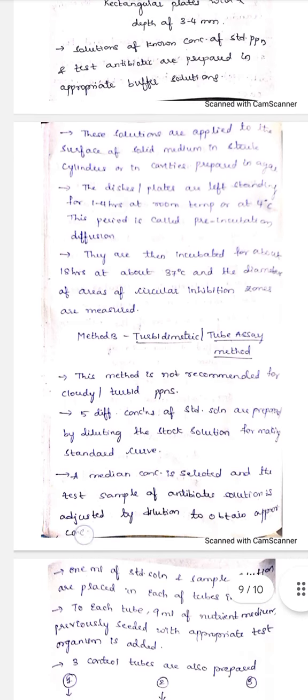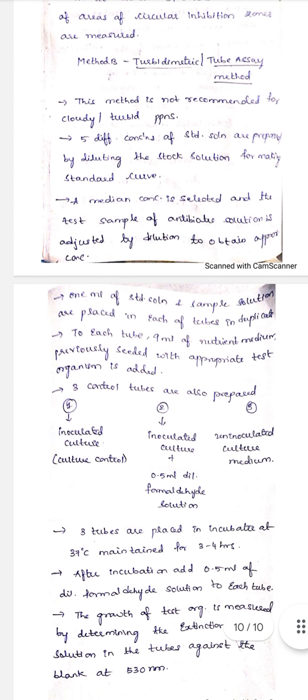Next, the second method, method B, the turbidimetric or tube assay method. This method is not recommended for turbid preparations, and 5 different concentrations of standard solutions are prepared by diluting the stock solution for making the standard curve.